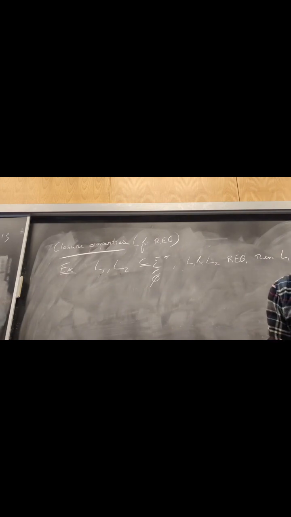The interesting part of closure properties is really showing that they're true. How do you show that this closure property is true? The claim being made is that the union of these two regular languages is regular.